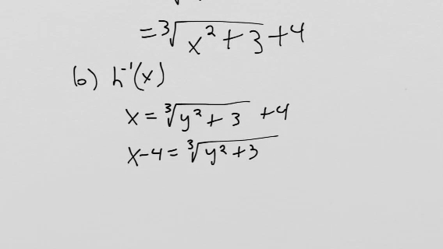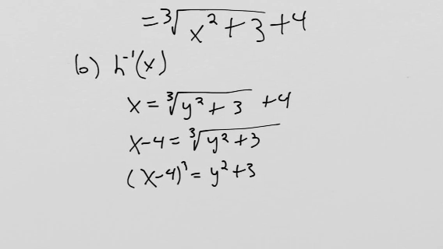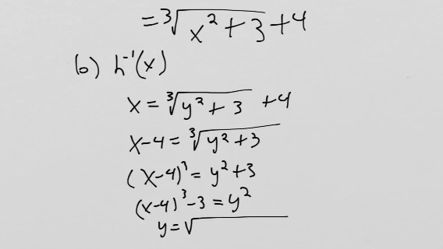Now we have x minus 4 cubed equals y squared plus 3, and then x minus 4 cubed minus 3 equals y squared. Finally, y equals the square root of x minus 4 cubed minus 3, and that is equal to h inverse of x. We found our inverse.